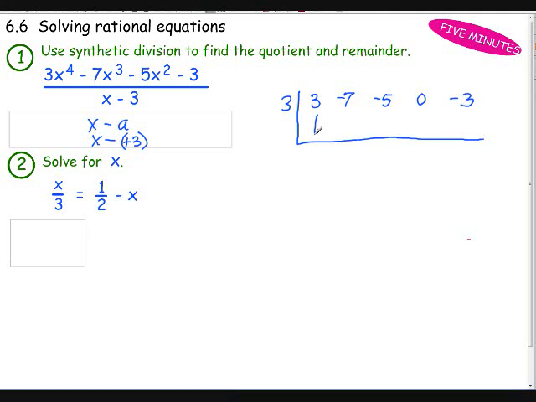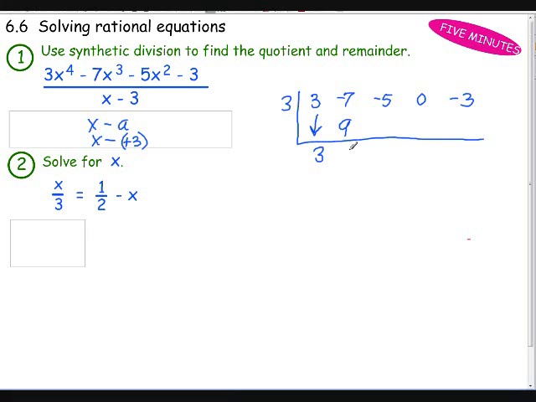Now you remember we sort of prime the pump here, get things started, by bringing down that first leading coefficient. Now we're ready to actually start our calculations. We always start by multiplying the divisor times the leading coefficient. It gives us a product which we place here, 9.